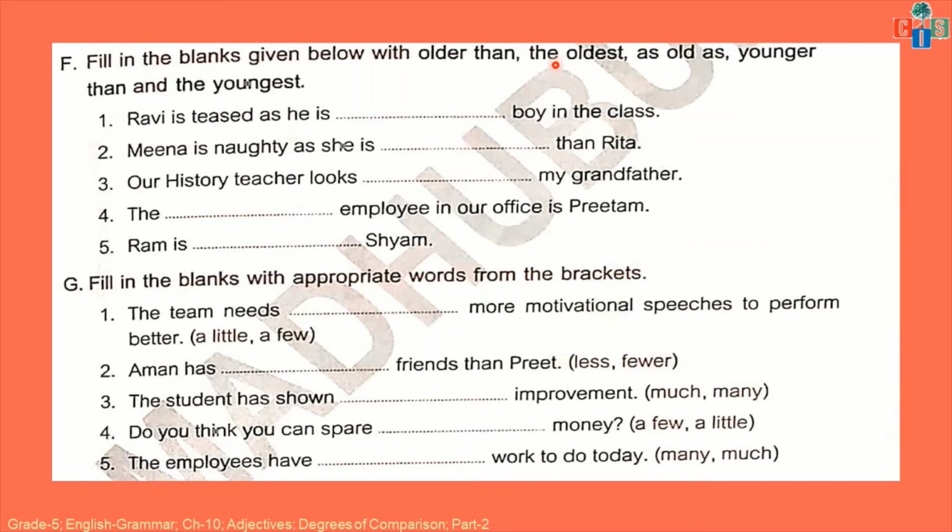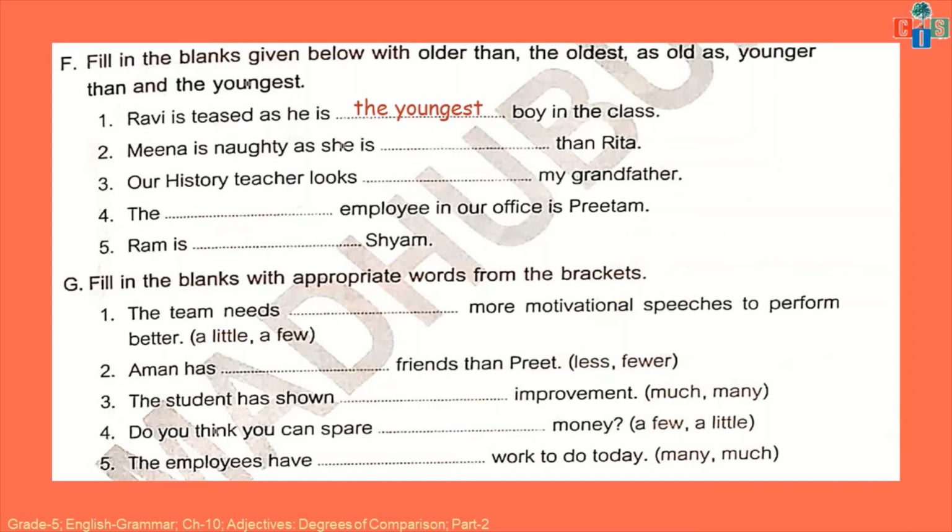You can use all these words. So, Ravi is teased as he is dash boy in the class. So what will be the answer? Ravi means we are talking about a single one. So the youngest. Ravi is teased as he is the youngest boy in the class.